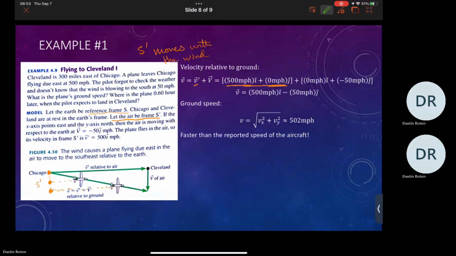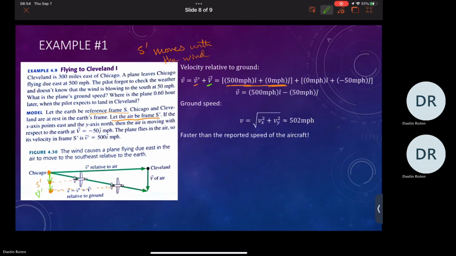Now, this is where we take into account this big V. This is where we actually take into account the speed of this new origin. So if you look back here at the picture, that's going to be here. Okay, so green's going to be this speed as our relative origin in the wind is going to be moving down or being blown to the south.